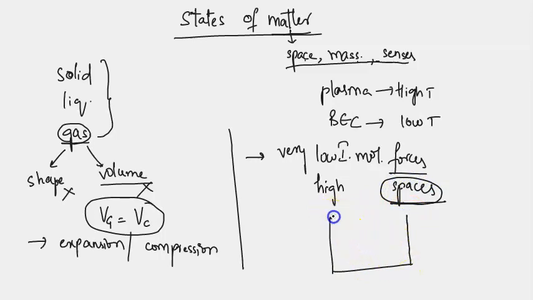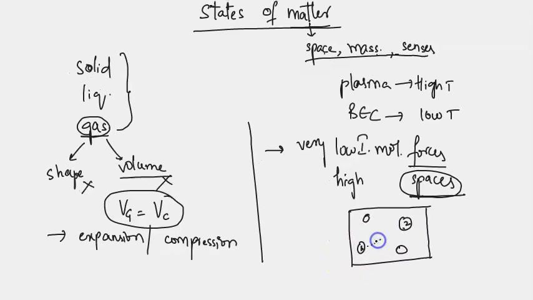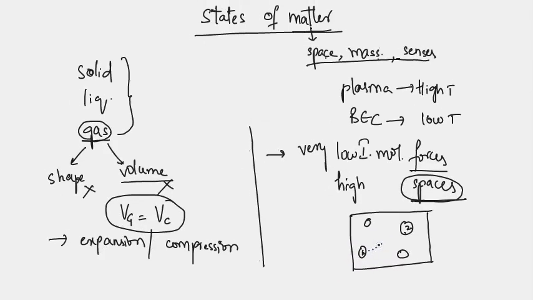Suppose this is a vessel in which the gas particles are placed. We can see the gas particles occupying a large distance between each other. The space between two gas particles is very large. So when the space is very large, the nucleus of the first atom and the nucleus of the second atom will not have greater interaction between each other. So the attractive force between the particles is very low.